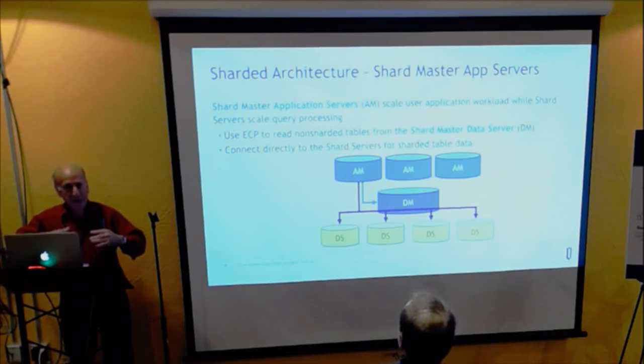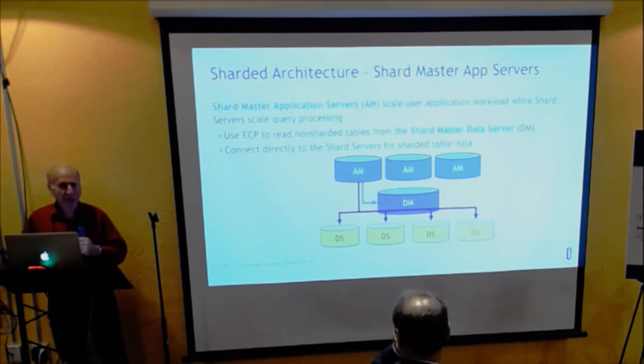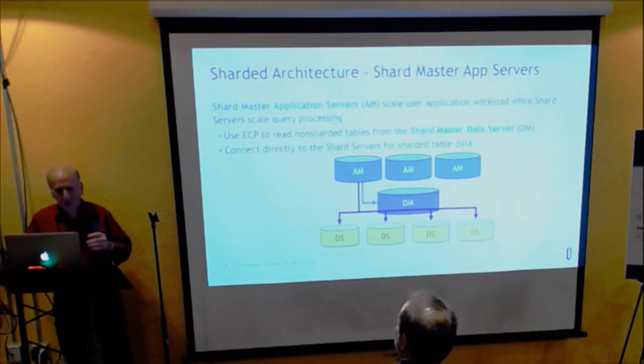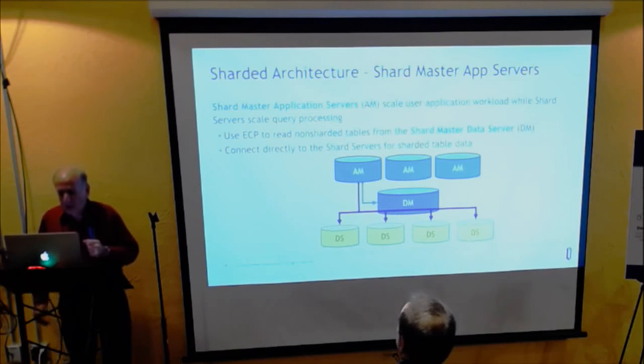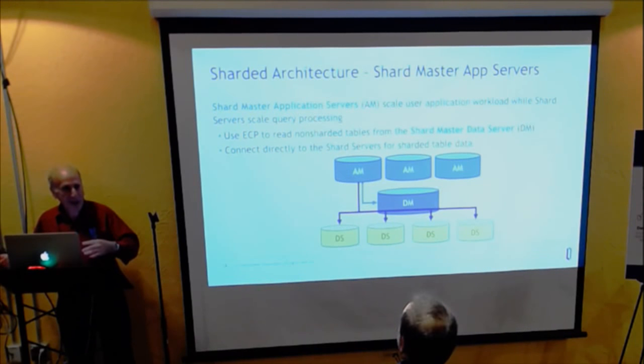That whole process I described, decomposing the query, sending the shard local queries to the shards, aggregating the results and giving them back to the user, happens on the application master. That means the cache that's needed for aggregating those intermediate results is partitioned or replicated across all of the application masters so that the shard master data server does not become a bottleneck.